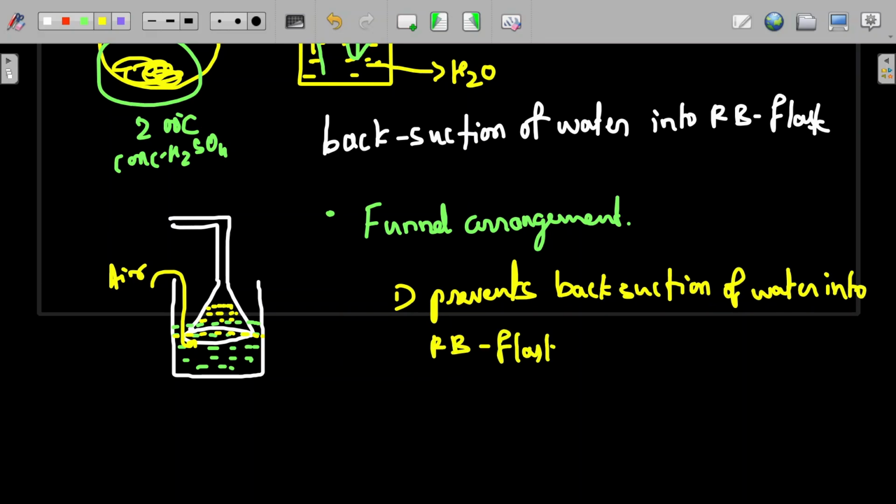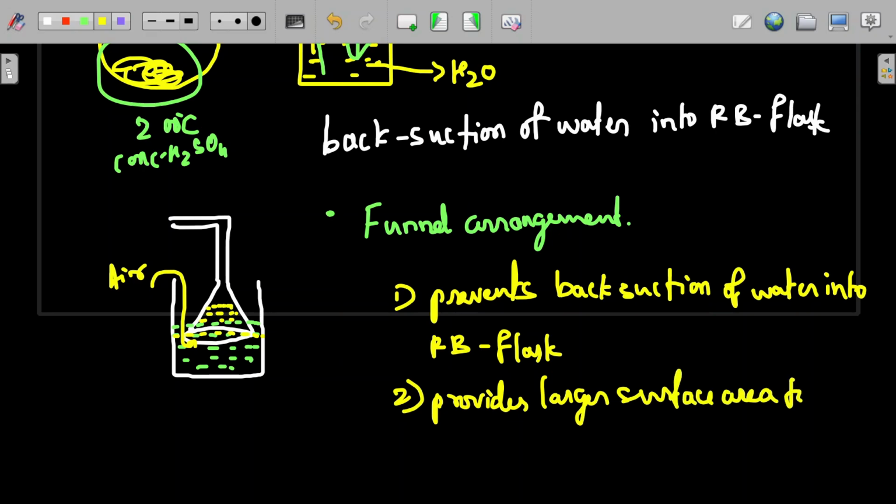And second point, because it has a wide mouth, it also provides a larger surface area to dissolve HCl in water.